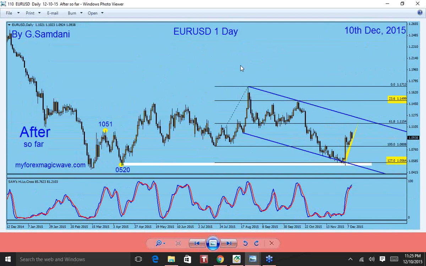But the reason to make this video is just to show you that this is how you get it. The before chart was here, now it's after, and so far it's still expecting an up move, way up. So you get not only my before charts, but you get the whole system, and I'll teach you how to use it every day.